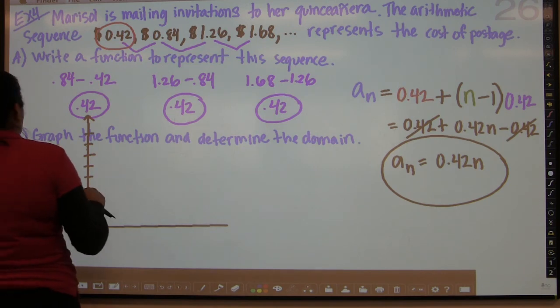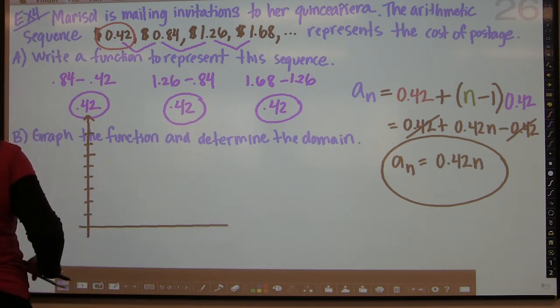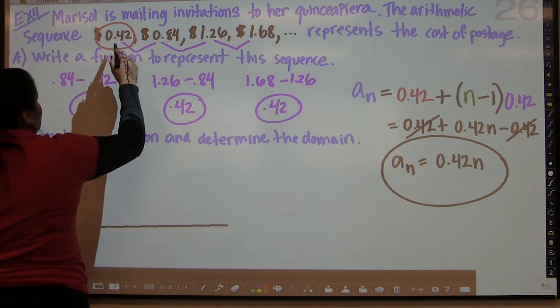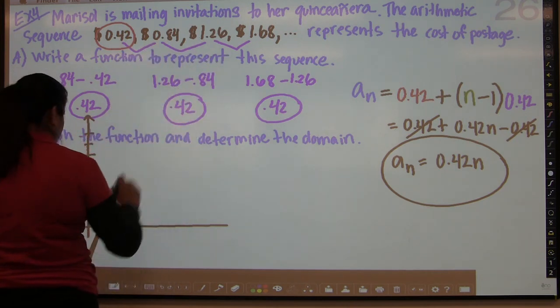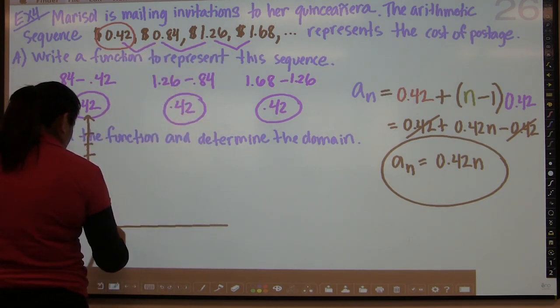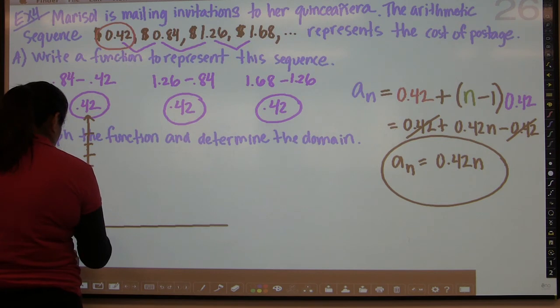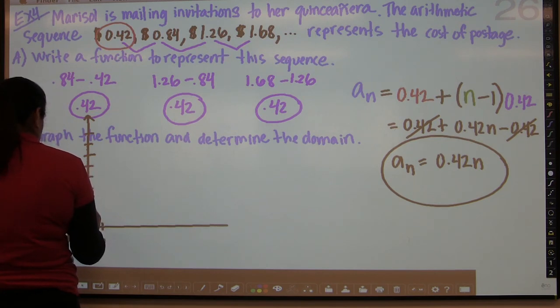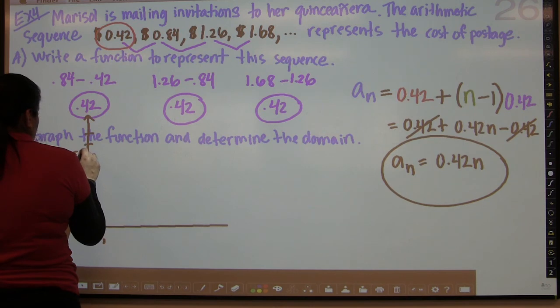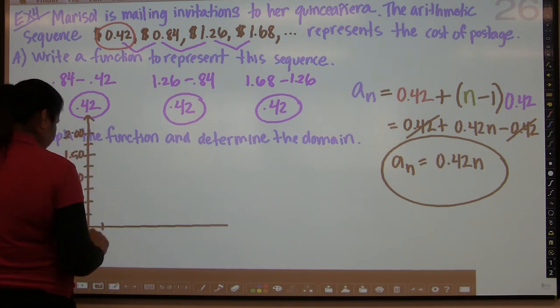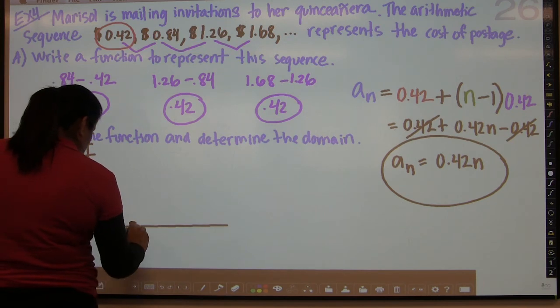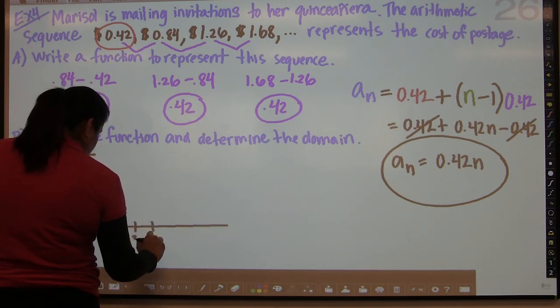And then we're just going to go ahead and label these the first term, second term, third term, fourth terms. We're just going to go 1, this is 0.25 by the way, and then that's going to be $1, $1.50, and $2. Okay, so 1, 2, 3, 4.